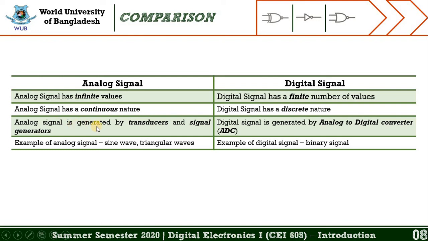Next one, analog signal is generated by transducers and signal generators, but digital signal is generated by an analog to digital converter, which in short we can call ADC. And the last comparison, examples of analog signal are sine wave and triangular waves, whereas the example of digital signal is binary signal. Let's move into the next slide.